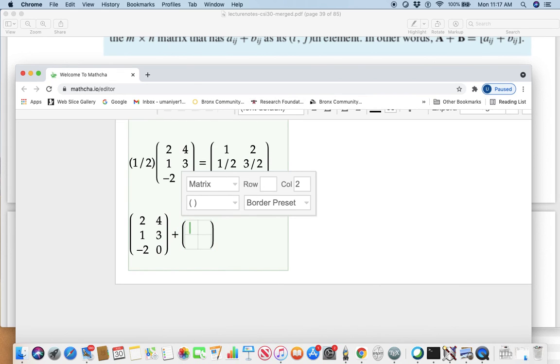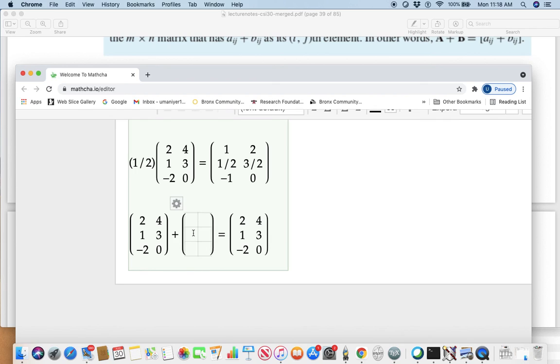First of all, whatever I add has to be the same size so I can add it. So the question is what should these be so that this plus this is this? Well, it's a matrix full of zeros. That is your additive identity in matrix addition. So remember, the size has to be the same and then you add things.